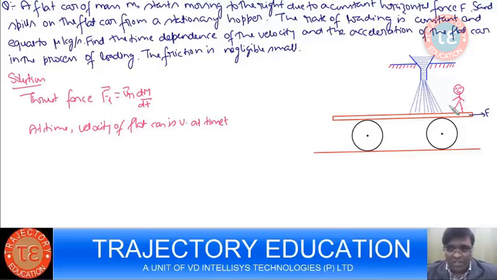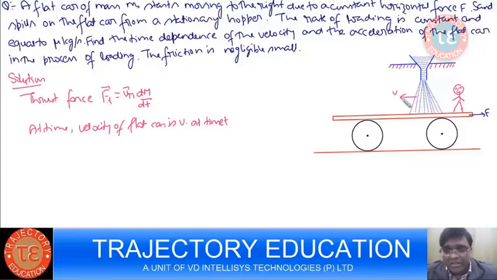See, no observer sees his frame to be moving, so this observer is going to see the flat car to be at rest. In that case, he will see the sand particles moving in the left direction. Get my point or not? This observer is on the flat car, so he will see everything moving in the backward direction.